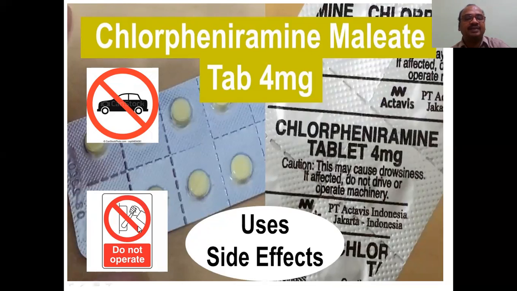Don't drive. If you go for driving, drowsiness will be there, alertness decreases, you may fall asleep, and an accident will occur. Number of times in competitive examinations this question has been given: which drugs we should not give before driving. And you have to mention on the label itself, don't drive.